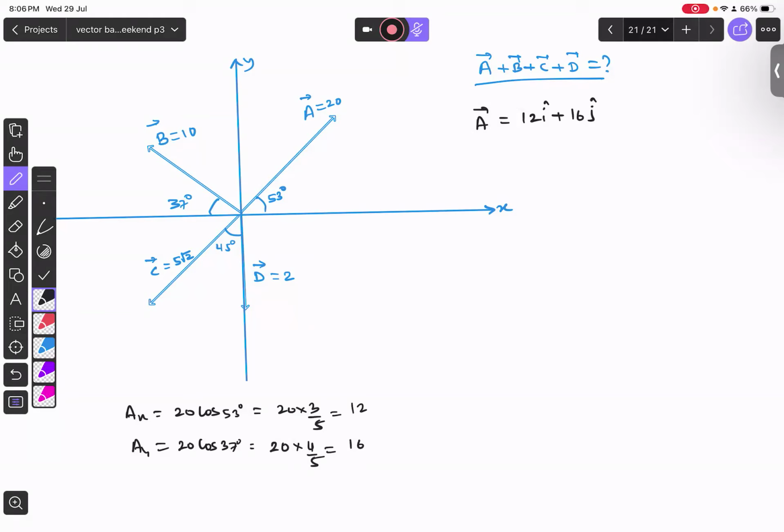Now the vector B has got angle 180 minus 37 from positive x. So the x component of vector B will be B cos of pi minus 37, and that will be minus cos 37. So minus B cos 37, and that will be 10 into 4 by 5, that is minus 8.